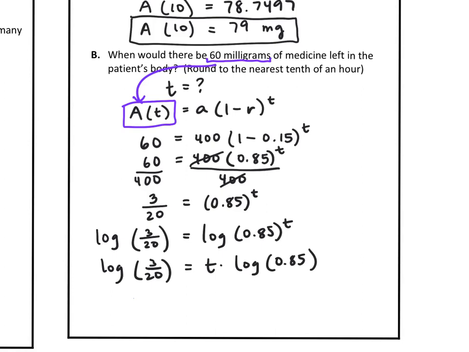And then I can divide log of 0.85 on both sides, which will cause this log and this log to cancel out on the right.